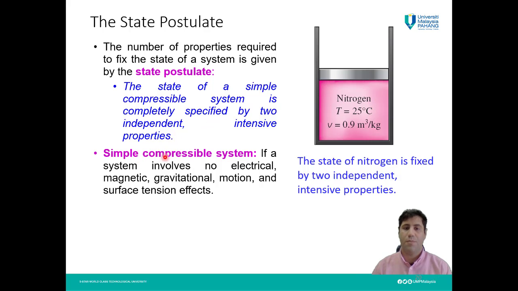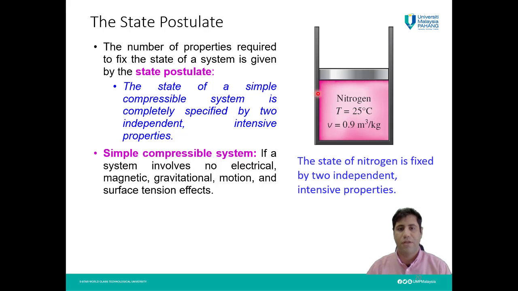A simple compressible system is one that involves no electrical, magnetic, gravitational, motion, and surface tension effects. We call that a simple compressible system, like what we have in this cylinder. This is a simple compressible system because we don't have these electrical, magnetic, and other effects, and it is also compressible.